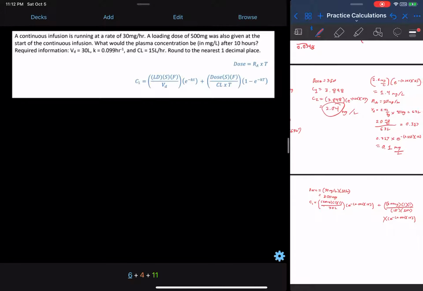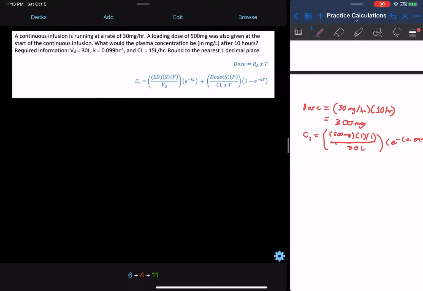Alright, so my answer for C1 is 6.9 milligrams per liter. Let's see if this is right.